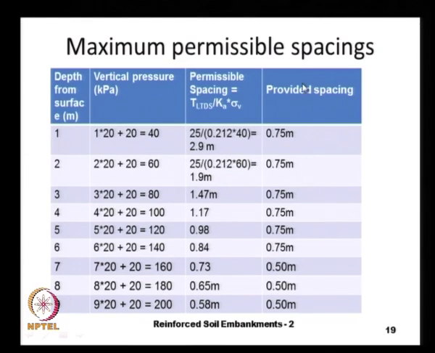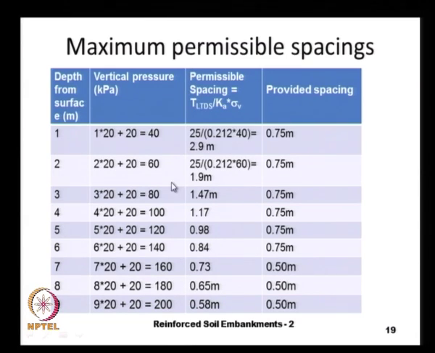So here the last column is the provided spacing, that is 0.75 meters, and this is in multiples of the thickness of the compaction layer, that is 250 millimeters.